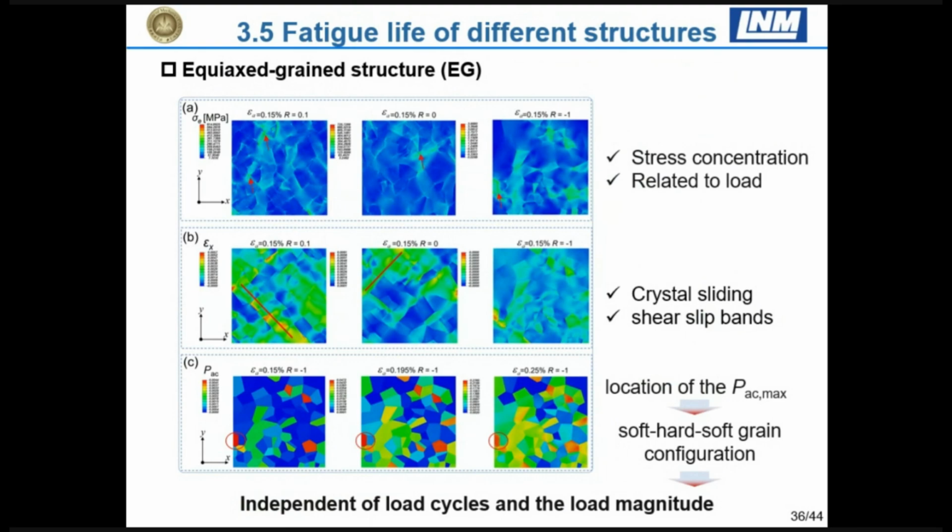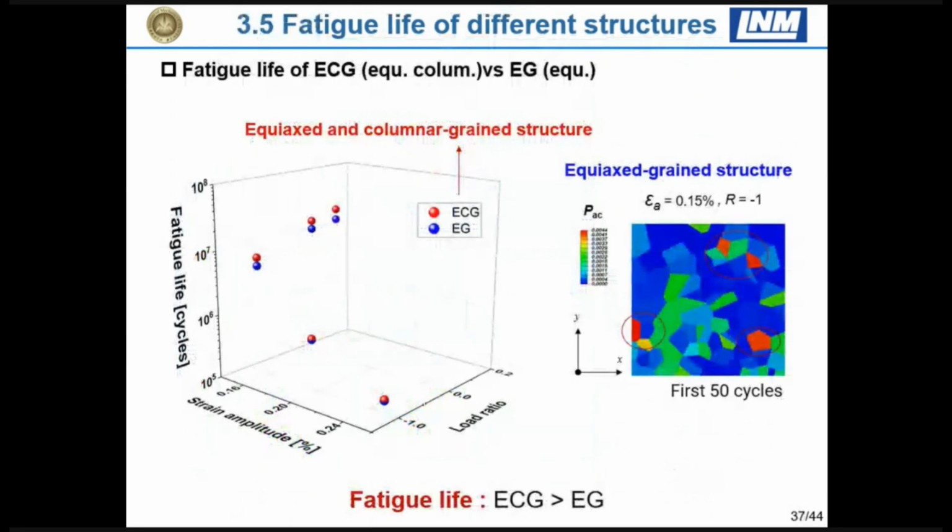And here for this one, we see some very obvious stress concentration at the corner of the grain boundary, and we also saw shear bands and slip lines, which may lead to crack initiation. Then we use the same method, crystal plasticity analysis, to get the fatigue lifetime, and we compare them.